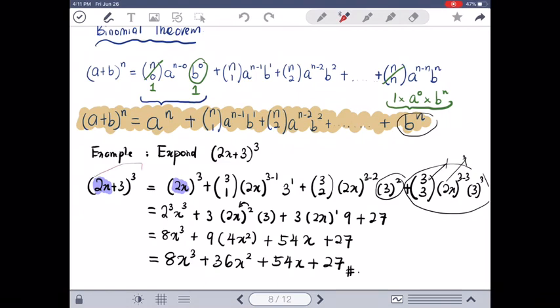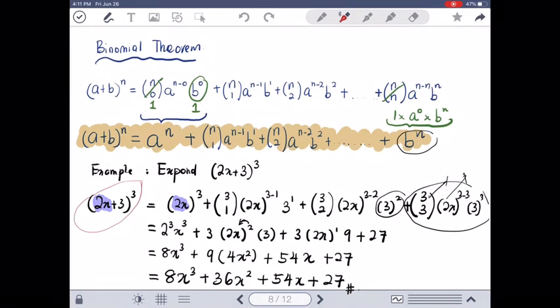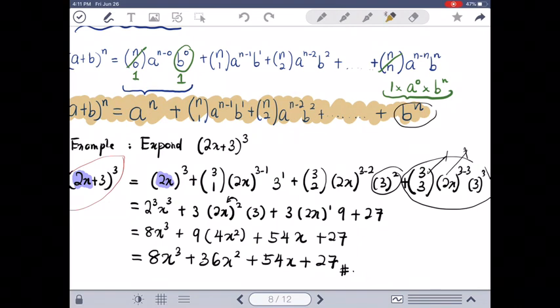So for this expansion, the term independent of x is the same, the last term. This is the term independent of x. And it's the 1, 2, 3, the fourth term again.